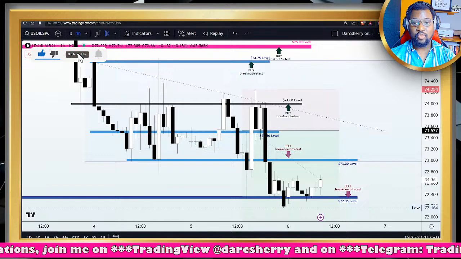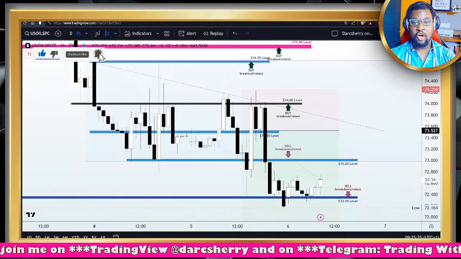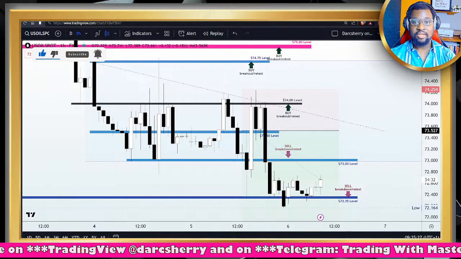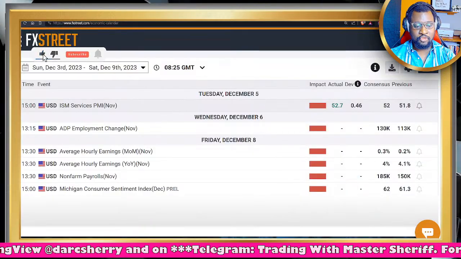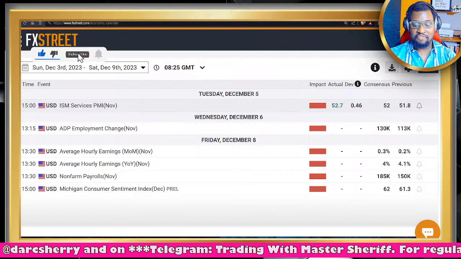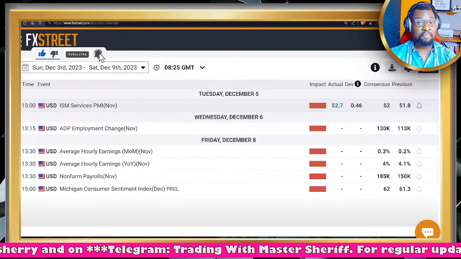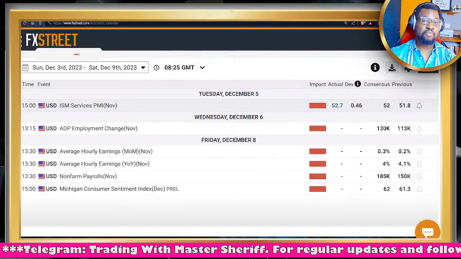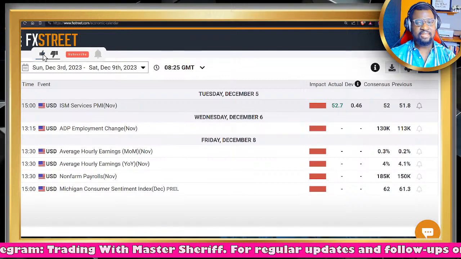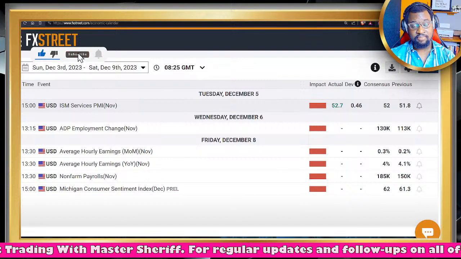And as usual, the first thing we normally do is to check on the economic calendar. For those of you who have been with me for a while now, you know how important this is, as these fundamental factors often manifest on the chart in technical patterns and price movement.